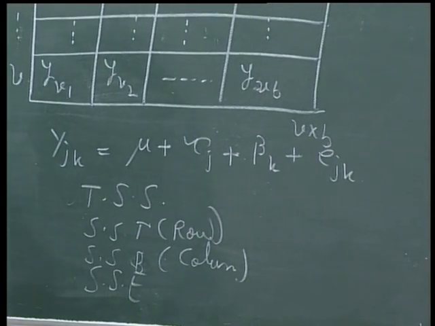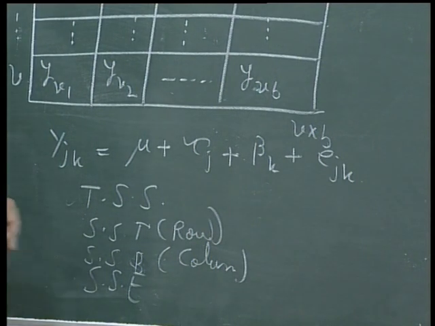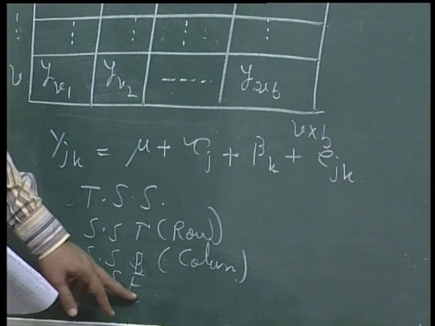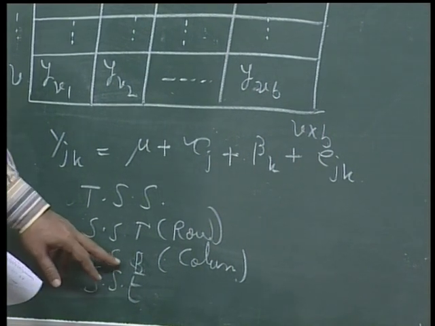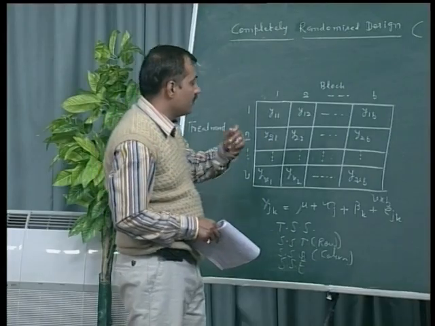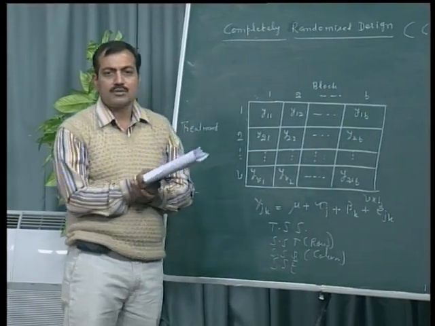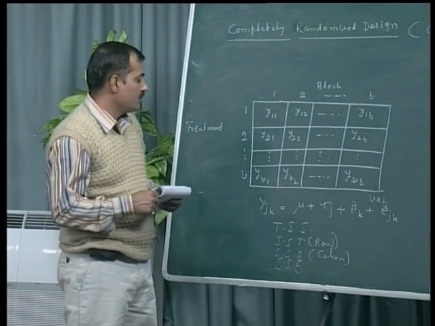Then we find the value of F by comparing the mean sum of squares due to treatments with SSE, and SSB with SSE for blocks, and we find whether we accept or reject the null hypothesis.